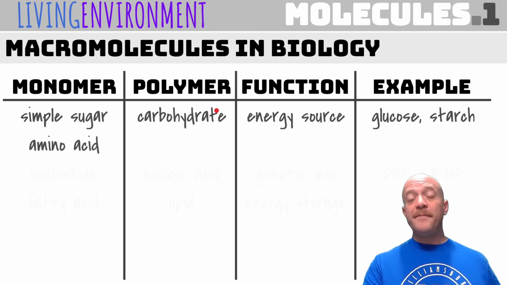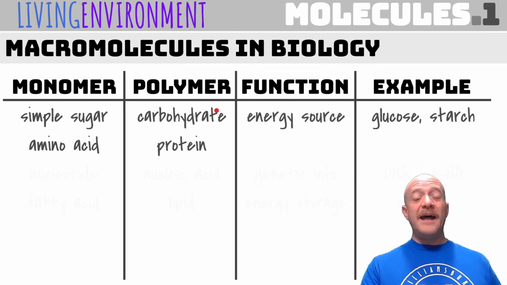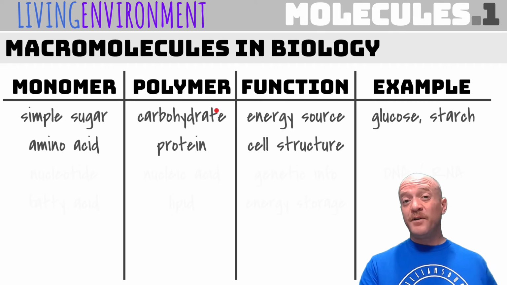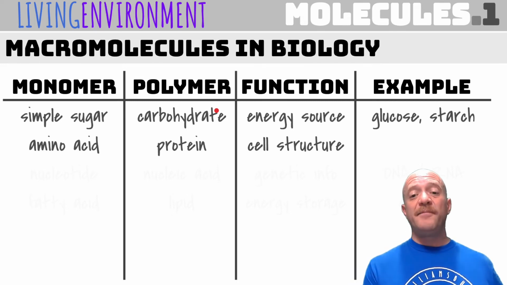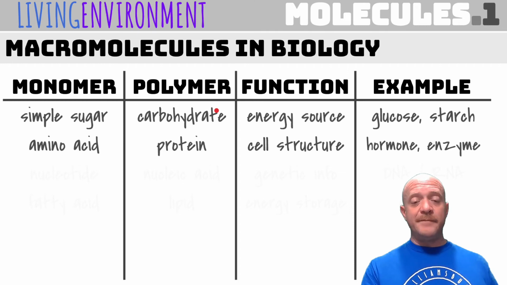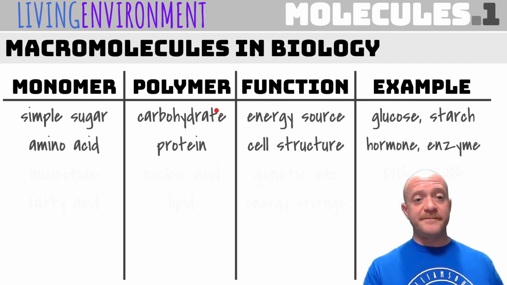The next one: an amino acid is a monomer, and a protein is the polymer made from that monomer. The function of proteins is for cell structures. Anything inside the cell that makes up the cell is made of proteins. Examples are hormones and enzymes. There are lots of different types of proteins.